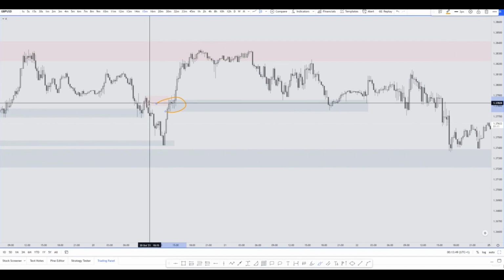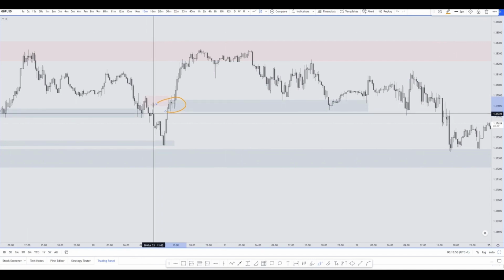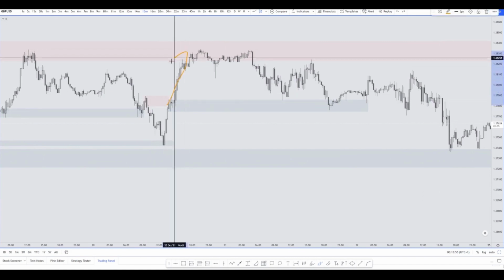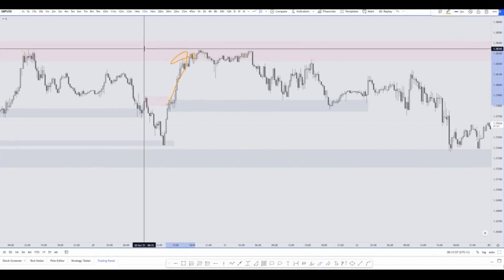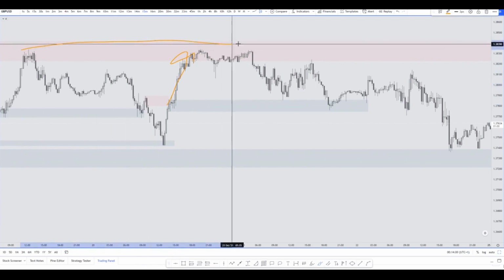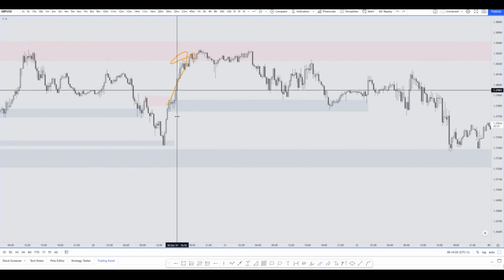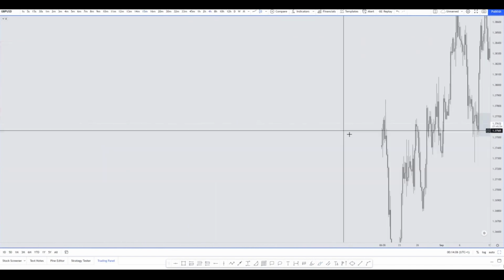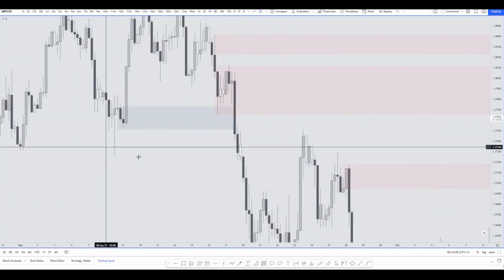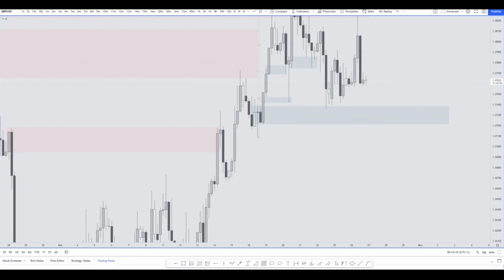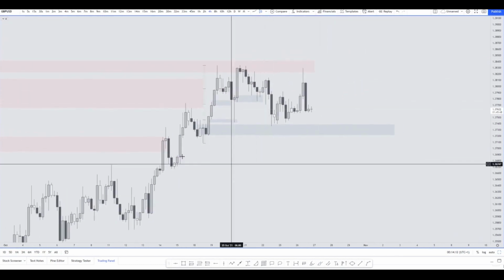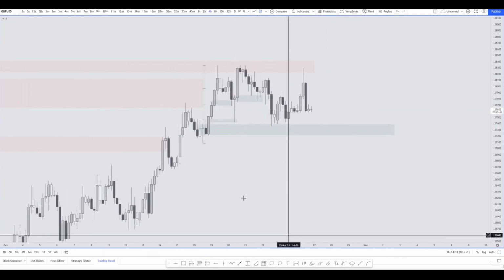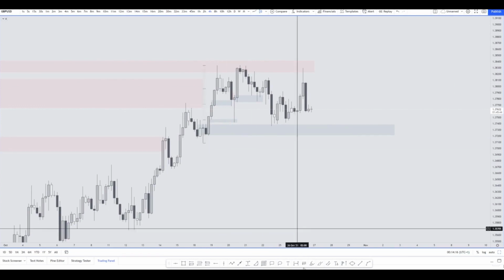The flip zones I find are usually a little stronger zones. If they made new market structure, which this one I believe did not, it created more of equal highs. But usually if a demand or a supply goes on to create new market structure, it is a stronger zone. So to go back to our 4-hour example here, we have this demand zone, you had market structure here.